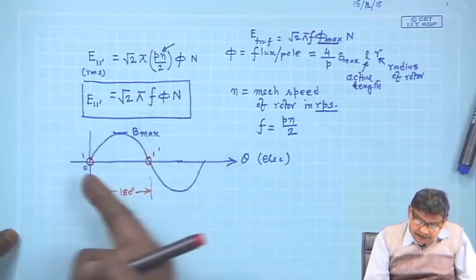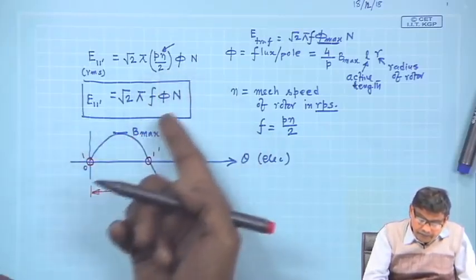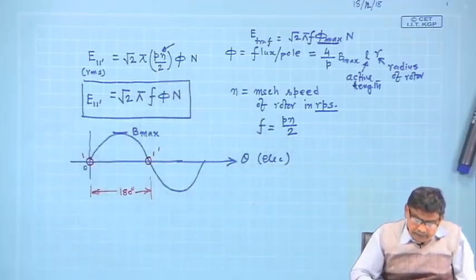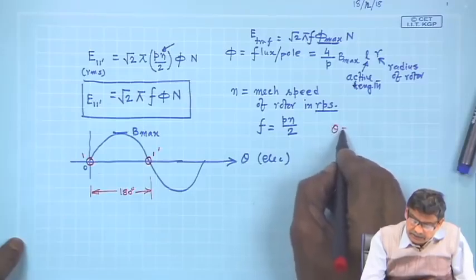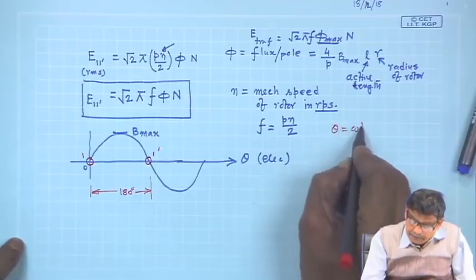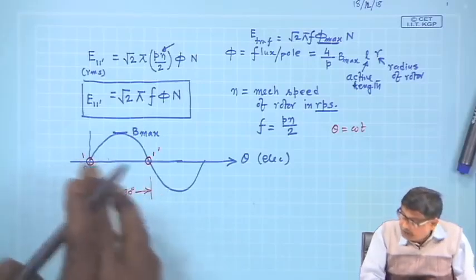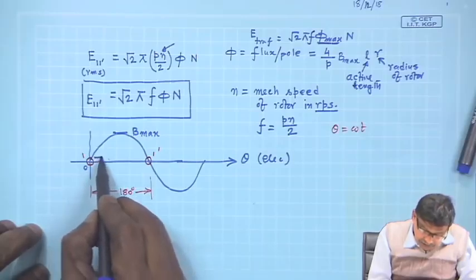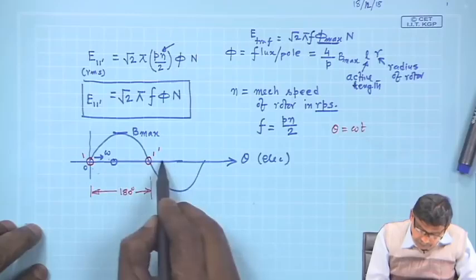Now, this tangential velocity V was converted to the angular speed like this, by noting that position theta is nothing but omega t. At any time t, the new position of the coil will be, say, here, as it is moving with a speed omega radian per second.